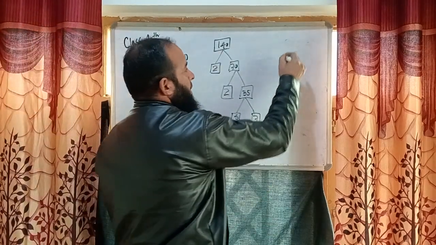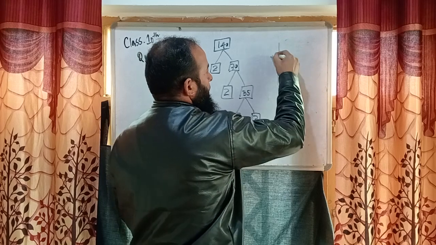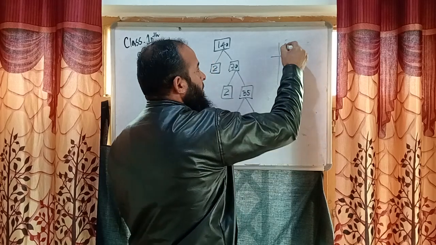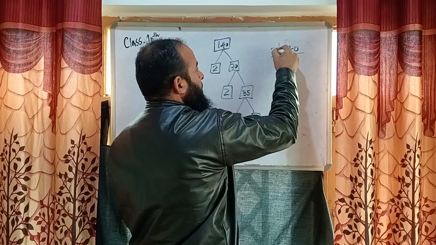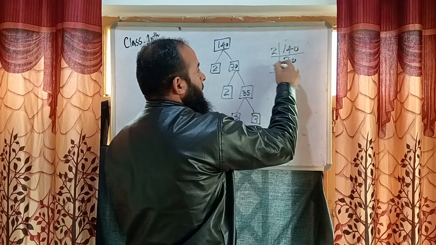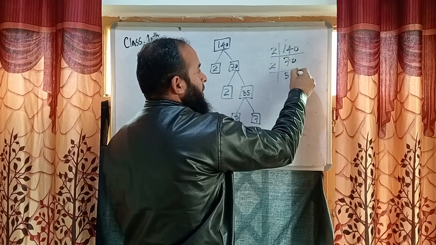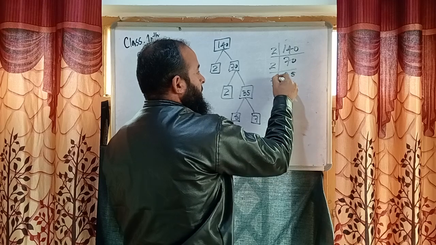By the division method we can use it like this. It is the same: 140 is 2 into 70, it is 2 into 35, it is 5 into 7.